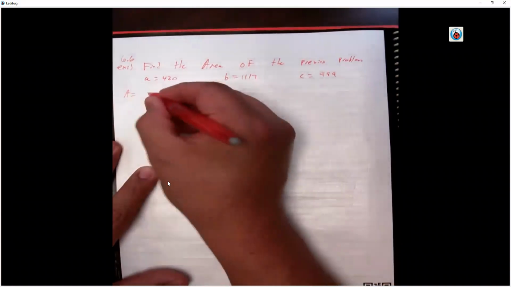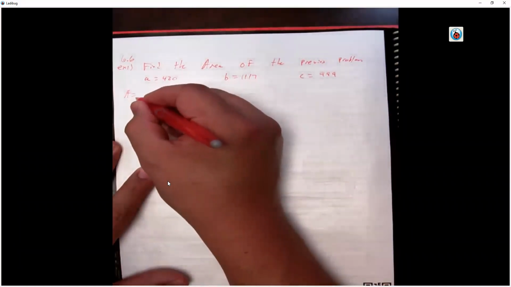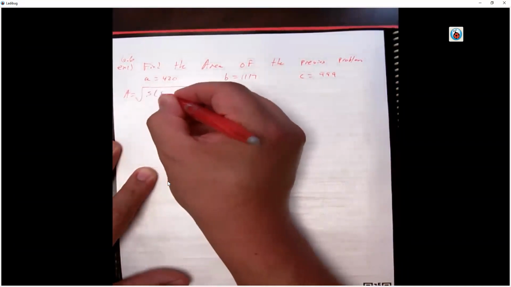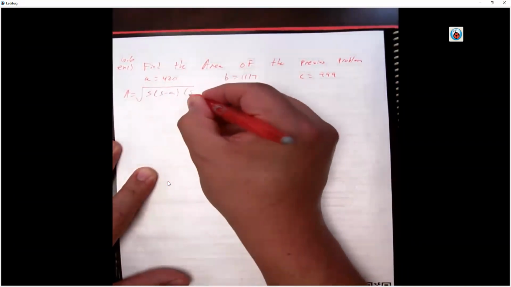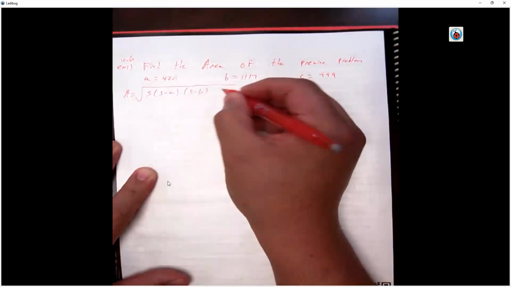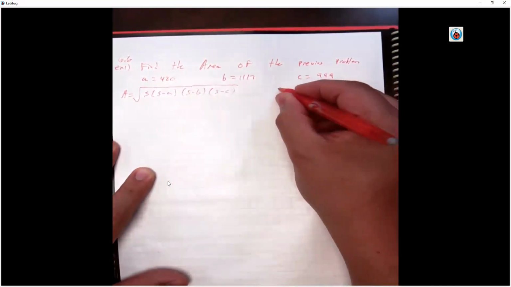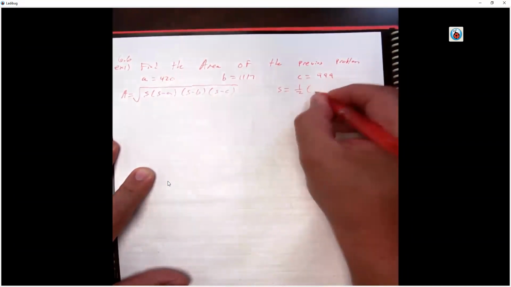So we need the 3 sides in order to do this. The formula is square root of s times s minus a times s minus b times s minus c. And we said s is 1/2 times the sum of the sides.